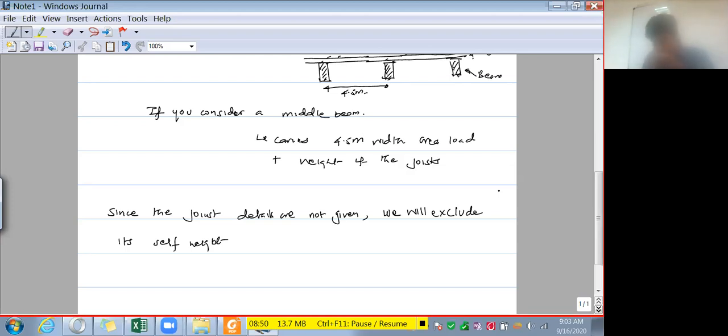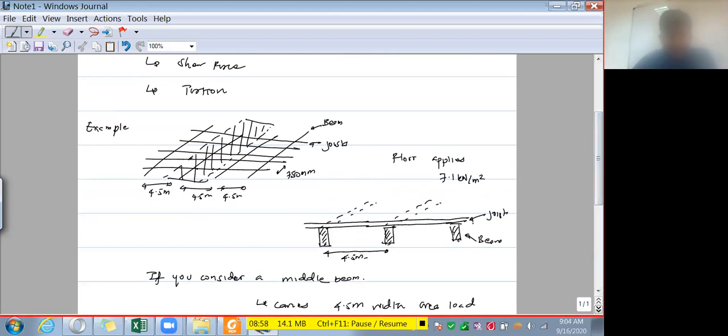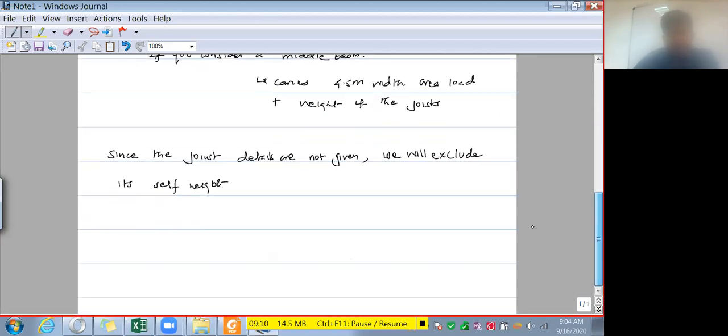Now if you consider the beam at 4.5 meters, half of this is 2.25, half of this is 2.25, so 4.5 meter width, and for every 1 meter length we can calculate the load.